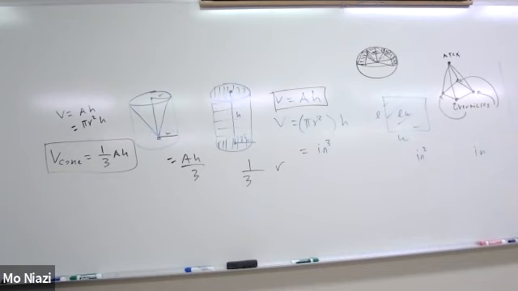I guess I'm confused right here. Then you have to get one by itself. Then you have to divide by 2. That divided by 5.